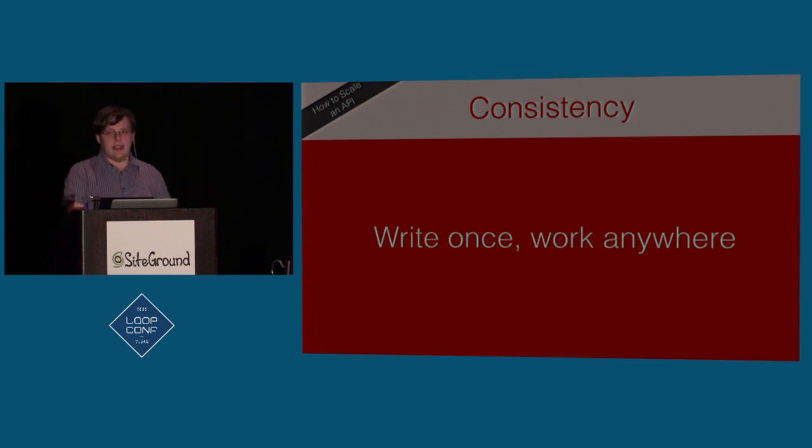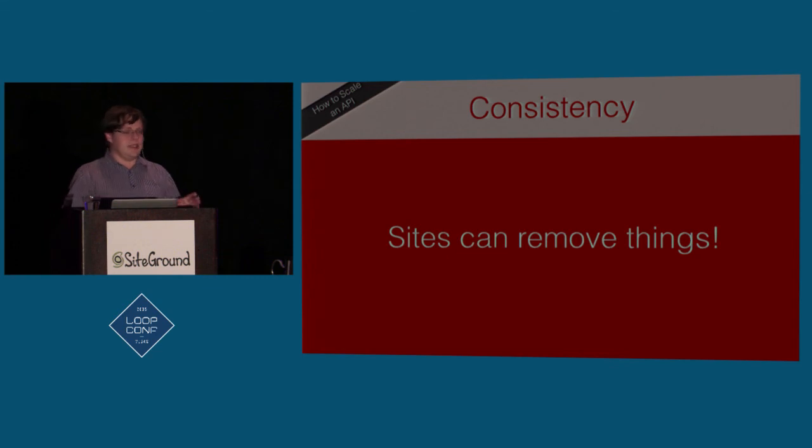But of course, in reality, that's not true, because sites can remove things. So plugins can go and remove endpoints that they don't like, replace them with their own instead. Themes can remove data that they don't need, or site owners might decide to remove data because of privacy concerns. So the question is how we deal with this.